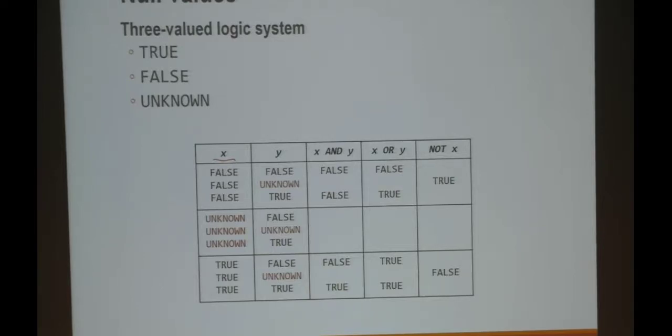Let's try with a demonstration. So again, true means it's correct. False is incorrect. Unknown means that you do not know any information about it. So let's try some simple tests. So I get this.